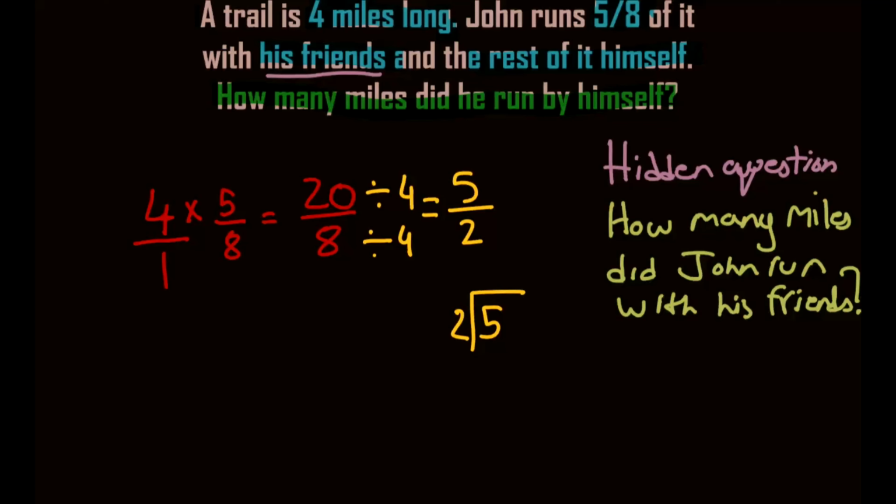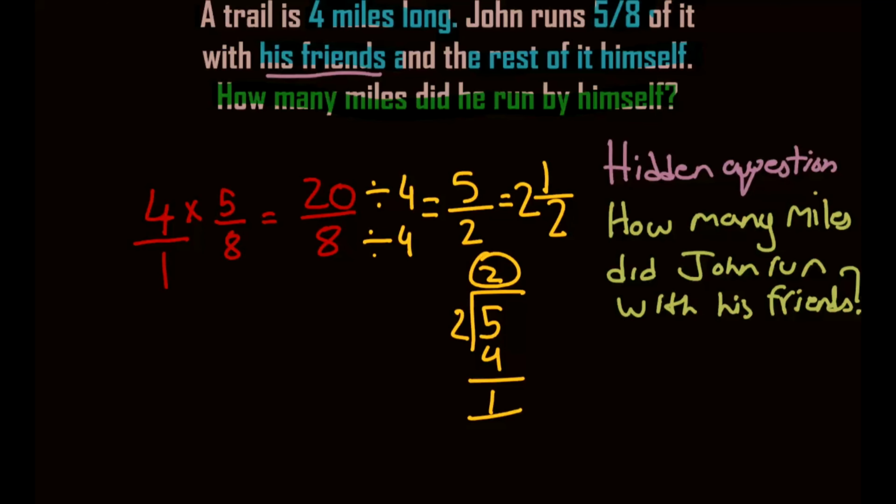It's not really important to set this up, but I guess it's just a bit easier. So 2 times 2 is 4, and then you get a remainder of 1. That means our whole number is going to be 2, our denominator stays the same, 2, and our numerator is going to be 1.